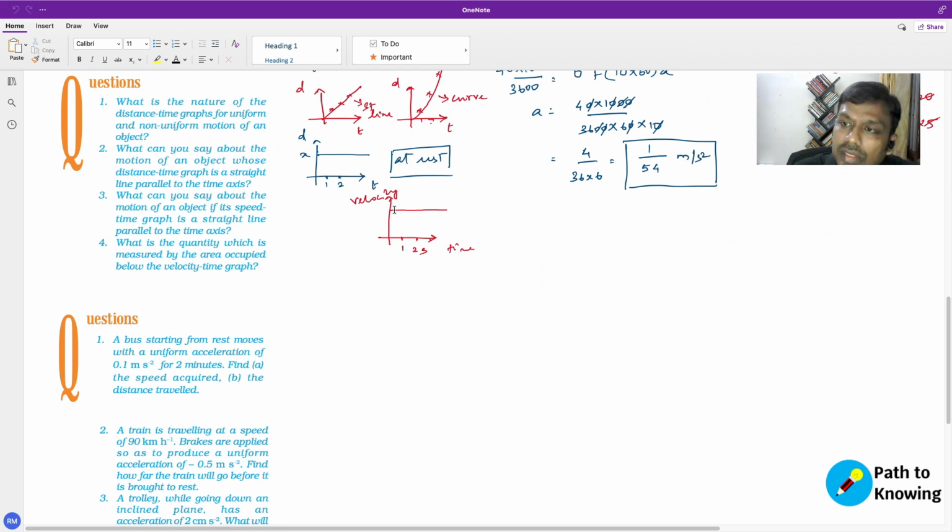So the velocity or the speed is constant at every point in time. The object is not accelerating. On a velocity time graph, if the graph is parallel to the x-axis, the object is not accelerating. It is not acquiring any additional velocity. The velocity is constant.